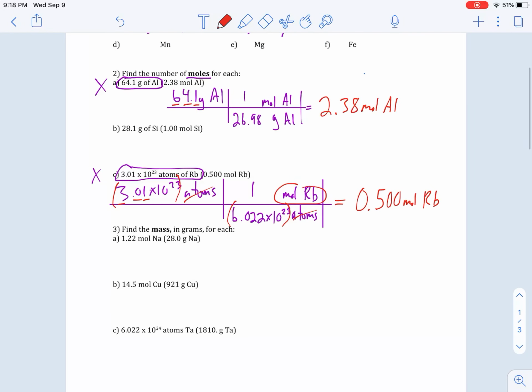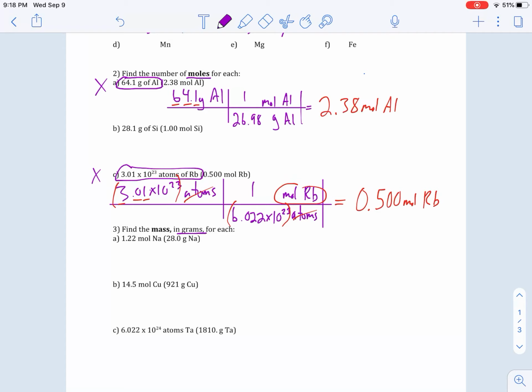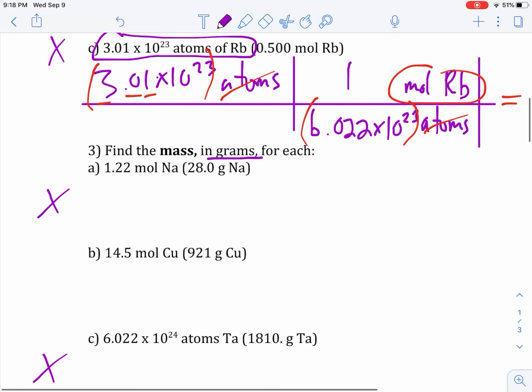Okay. Jumping down to number 3. Now we're trying to find the mass in grams. Let's try A, where we're going from moles to mass, and let's try C, where we're going from atoms to mass. In A, we're going to start with 1.22 moles of Na.